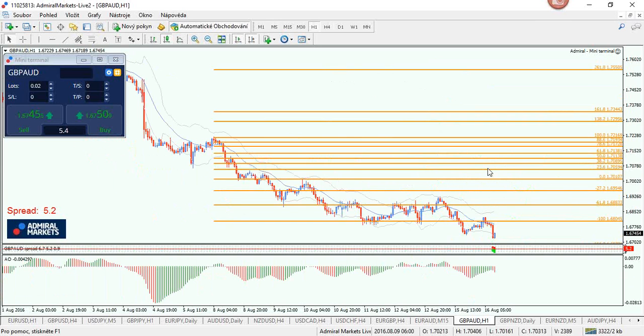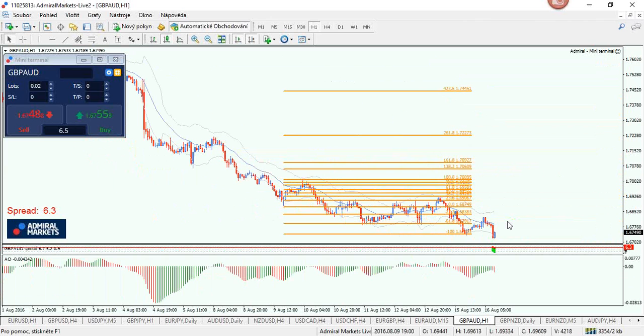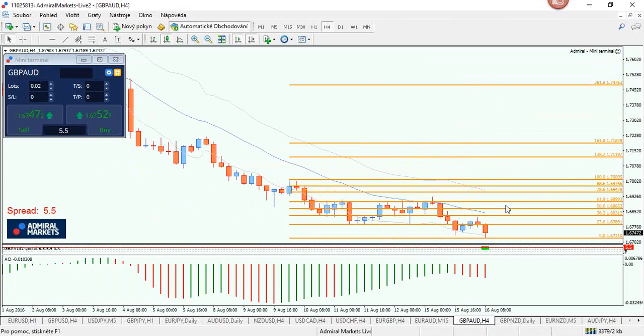Maybe even put a fib from here to here, in fact. So if this has a wick, there could easily be retracement to the 50, 61.8, 38, any of these fibs here. And that could be interesting continuation for downside.